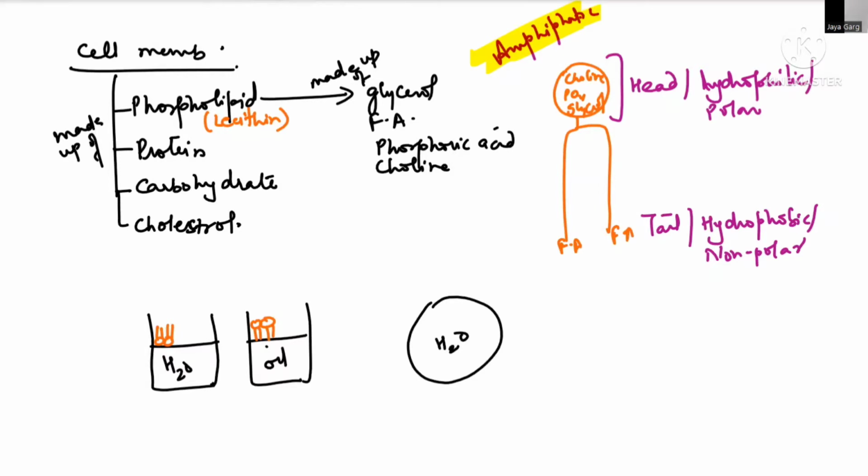Cytoplasm is a fluid-filled matrix, and outside is tissue fluid. Then how is the arrangement done? They arrange in such a way that they protect their hydrophobic region by making a bilayer. So the cell membrane comes as a phospholipid bilayer to protect the tail from the aqueous environment.